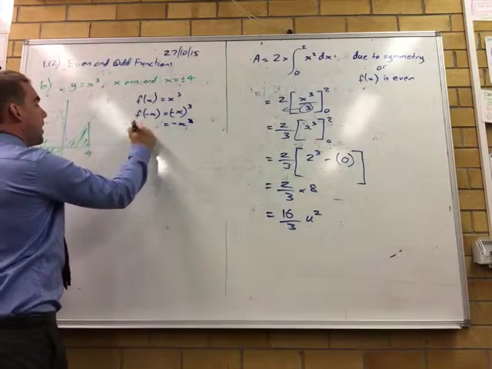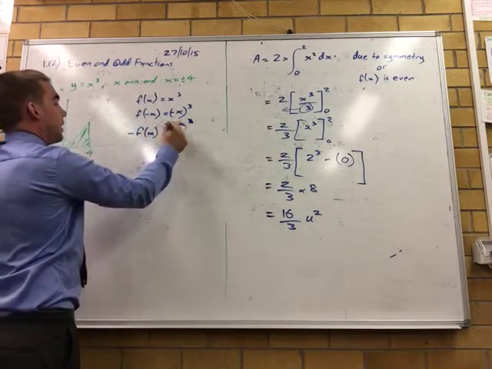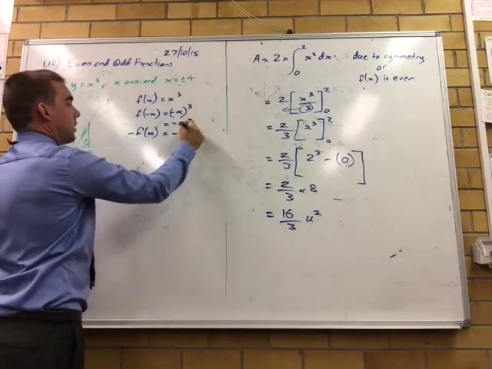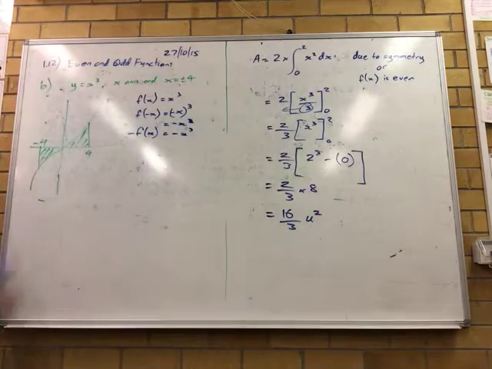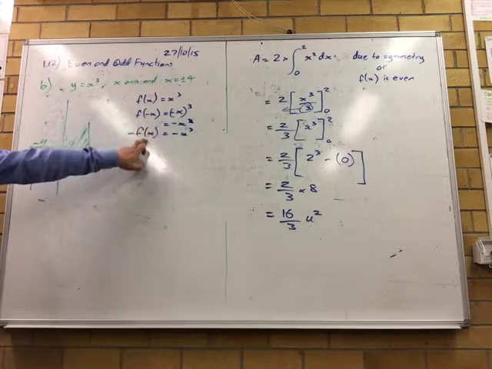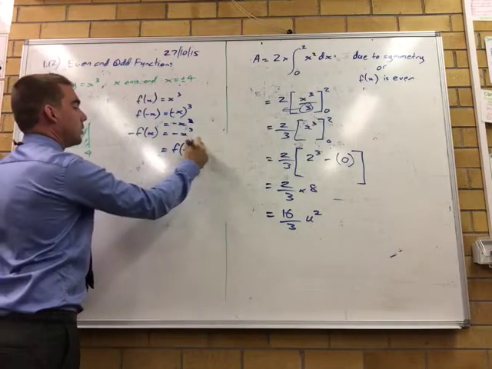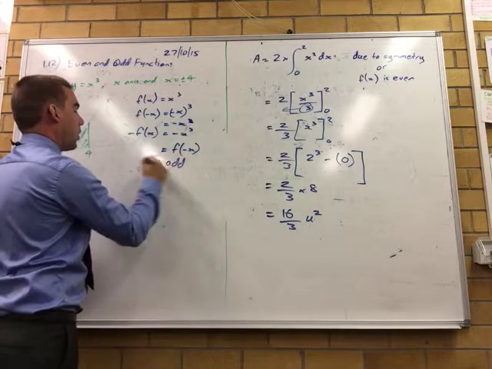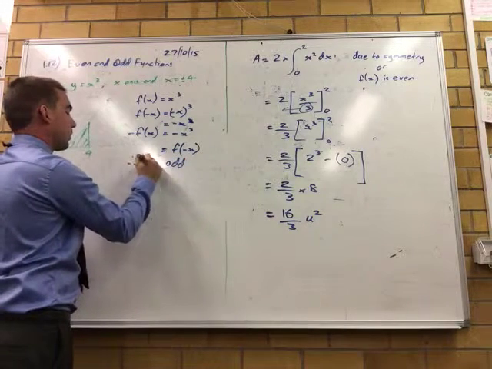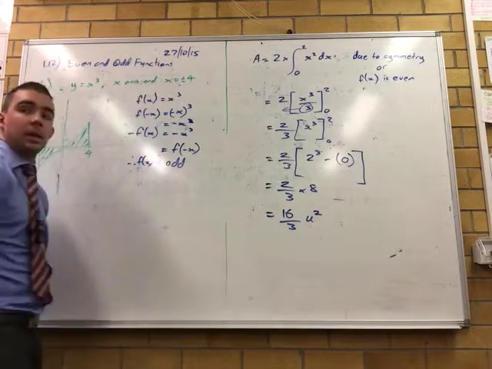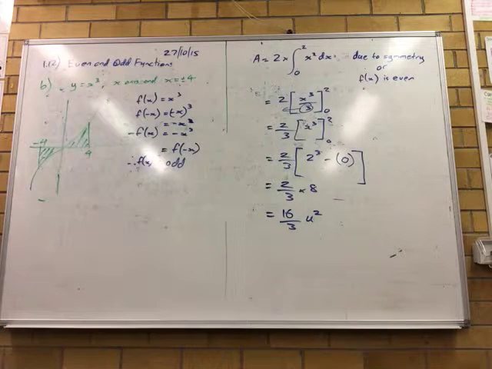Negative f of x is negative x cubed, and f of negative x matches that. So when those two match, we have an odd function. And that's how you determine whether functions are odd, even, or neither.